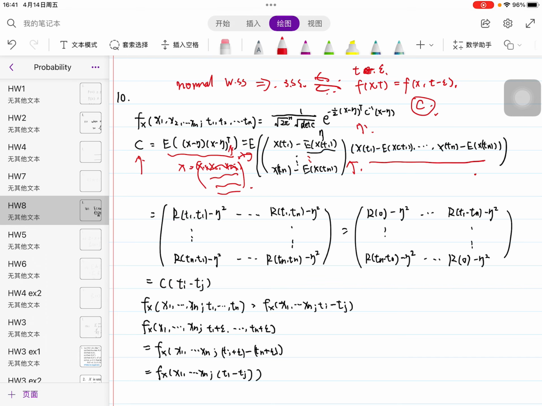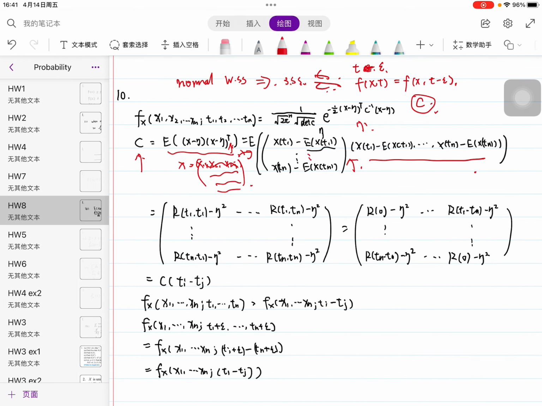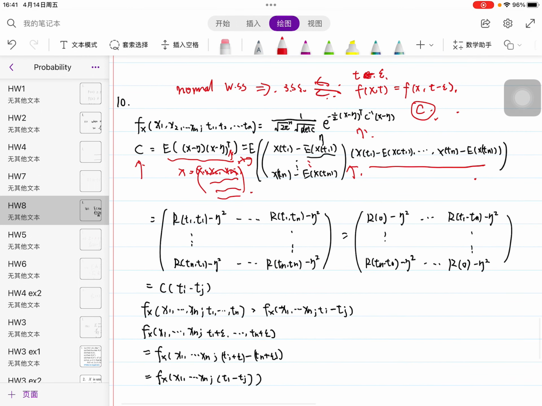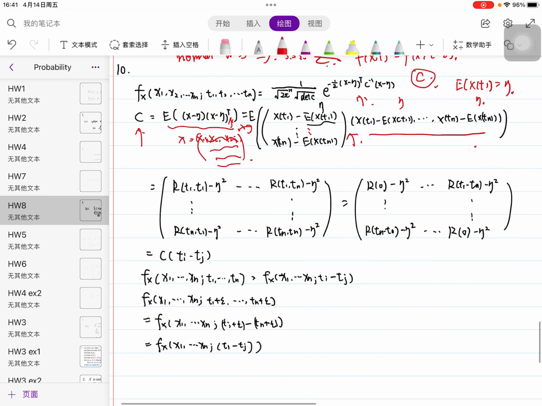And we know that this process is WSS, so the expected value of xt is a constant. We could define it as eta. So the mean values of xt1 through xtn are all eta here.